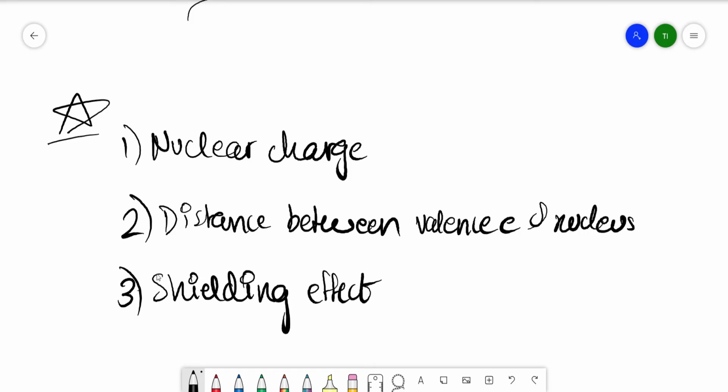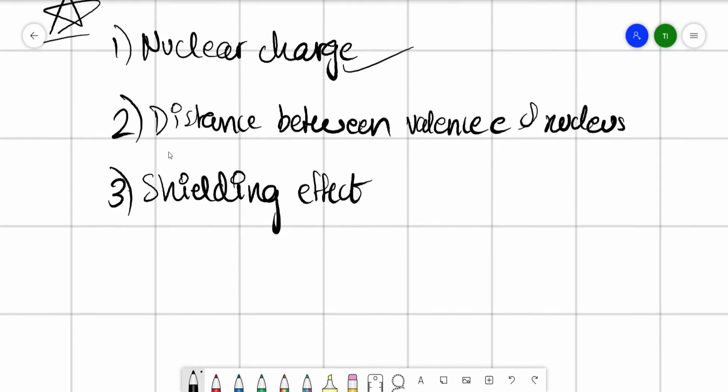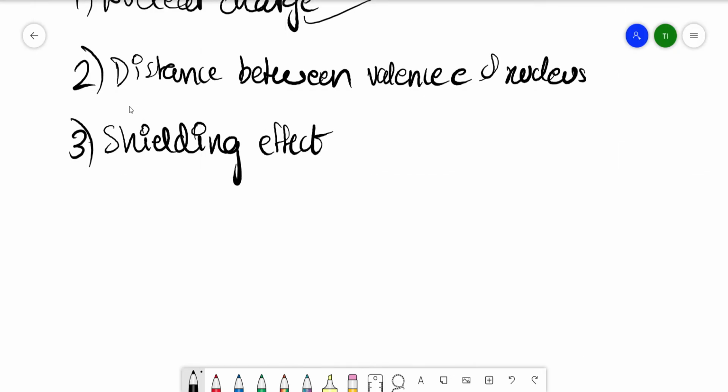Now, most of you may think this is basic, but you may be confused regarding the second and third parts. How does the distance between the valence electron and nucleus affect the ionization energy, and what on earth is the shielding effect? So let's cover the second point in detail first.